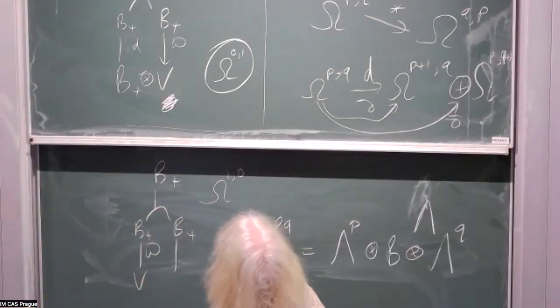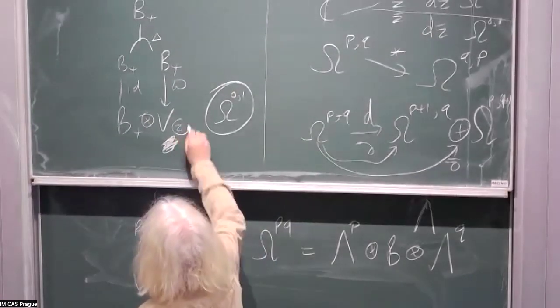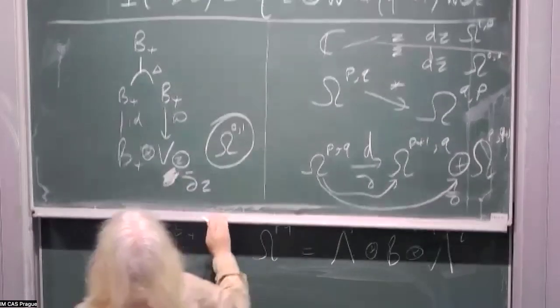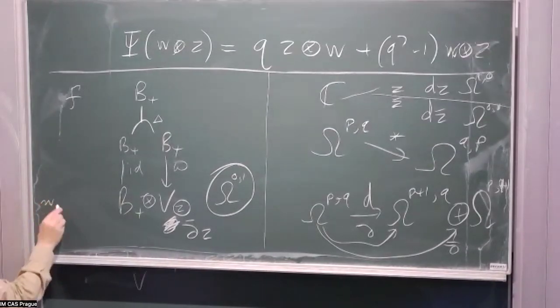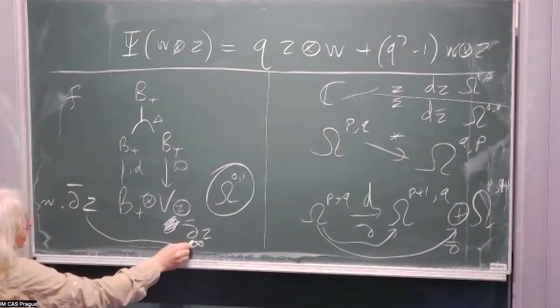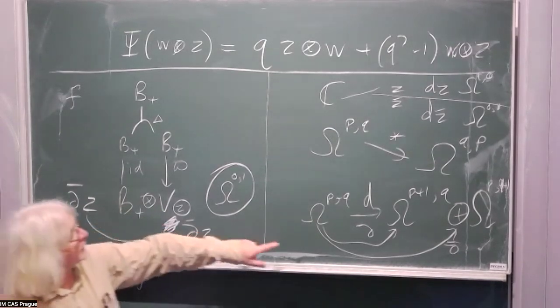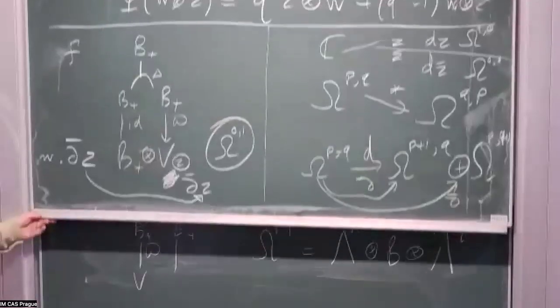So a Z in here would actually be interpreted as D bar Z. If I apply this to some F in here, I would get something times D bar Z, and that Z would be what ended up in here. So a Z in here is a D bar Z. A Z on the other side is a DZ, curly DZ.